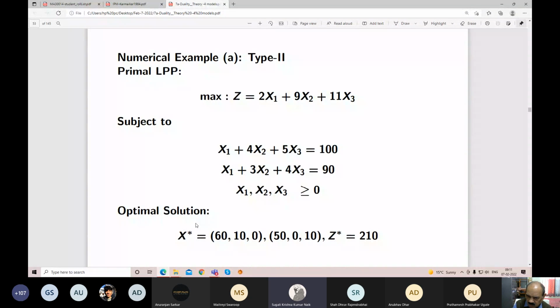But here, these 2 points are basic feasible solutions. These 2 points are optimal solutions. These 2 points are also extreme points because the optimal solution occurs at an extreme point only. A basic feasible solution corresponds to an extreme point. There are 10 basic feasible solutions, so you will discover this problem has 10 extreme points.